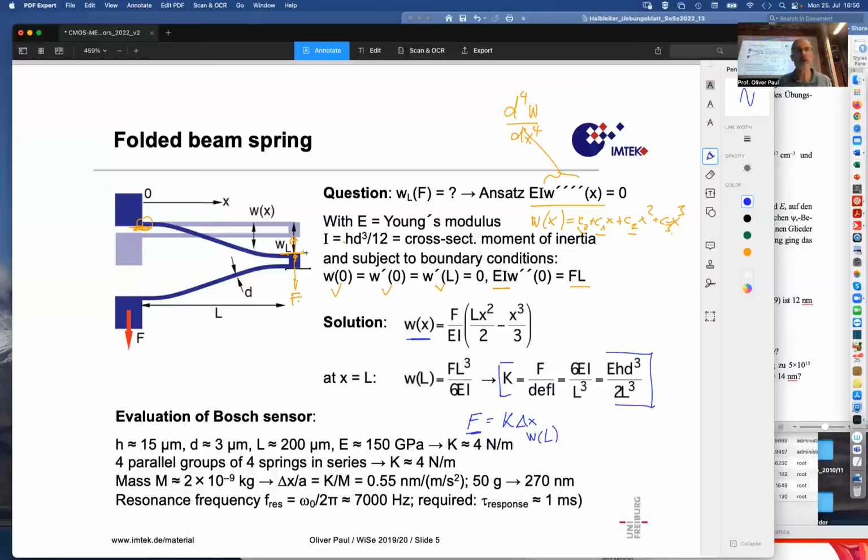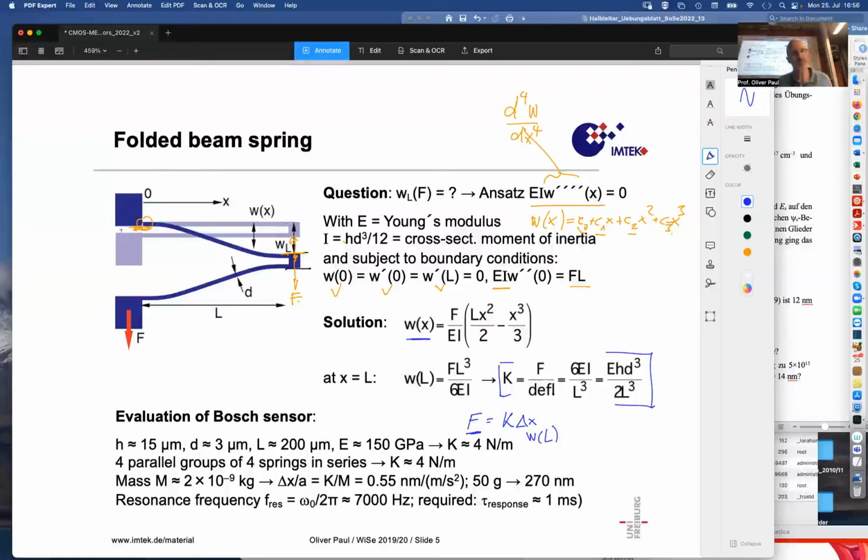So in order to deflect that part by a meter, we need to apply 4 Newton. We will never apply 4 Newton. We might apply 4 micronewton to deflect it 1 micrometer. 4 micronewton per micrometer makes 4 Newton per meter. So a deflection of 1 micrometer costs 4 micronewton of force.